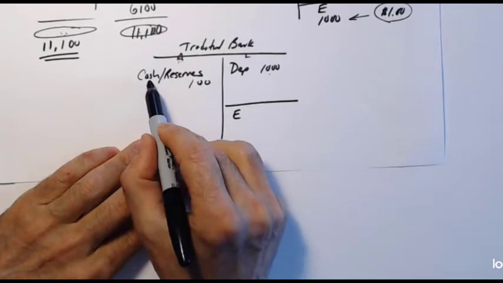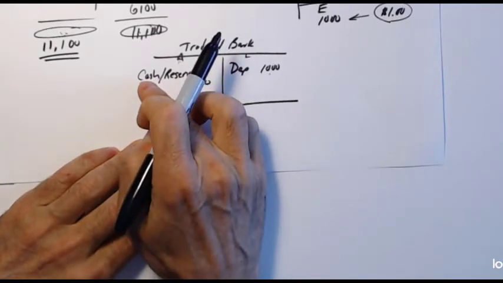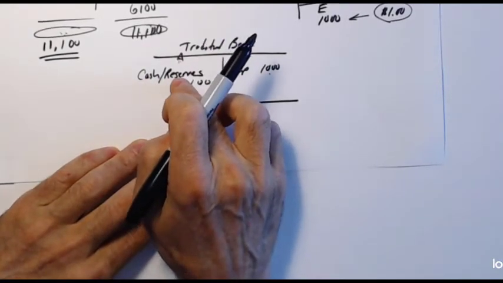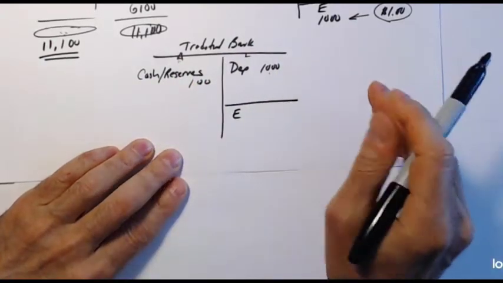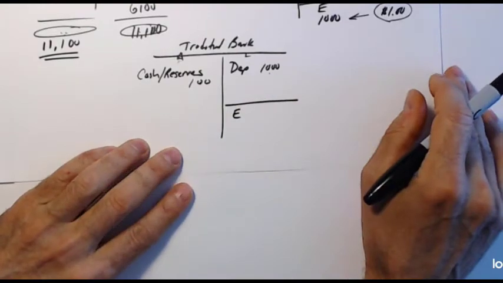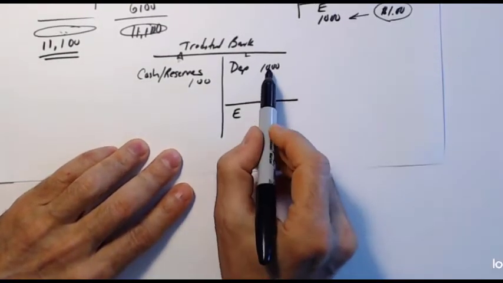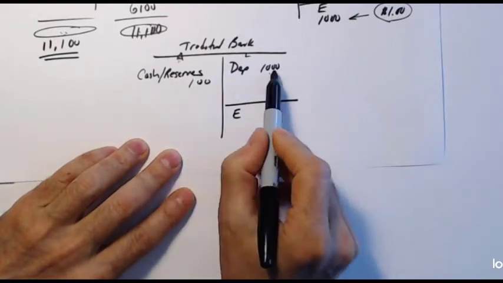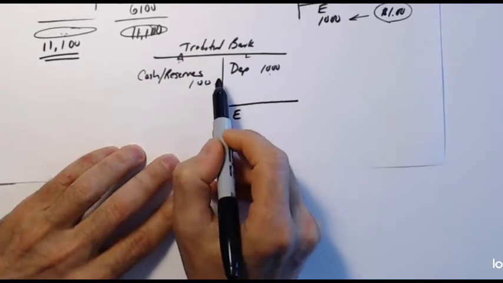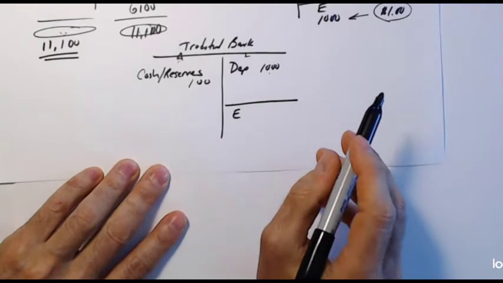That's why this is called cash or reserves. It's cash in their vault or cash that's on reserve at the Federal Reserve, which I'll show you the balance sheet for them in a second. So basically banks have to keep 10% of their money that gets deposited in the form of cash in a vault. Let's think of it that way for the moment.